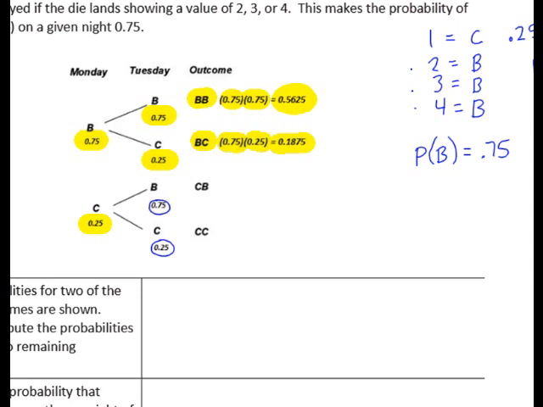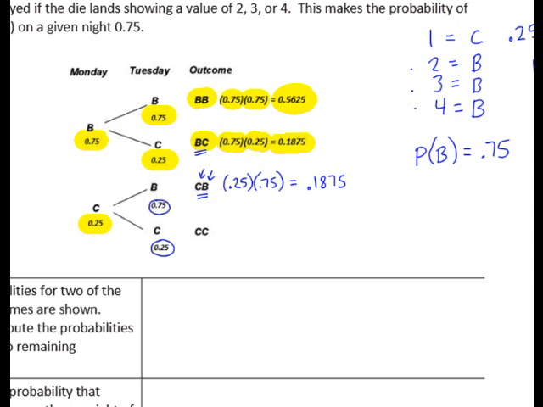First, the probability of playing cards is 0.25, and then the probability of choosing a board game is 0.75, and the probability that we'll be doing cards then a board game is the product of those two numbers. We multiply that together and we get 0.1875. Notice that it's the same probability as playing a board game then a card game, just in the reverse order.